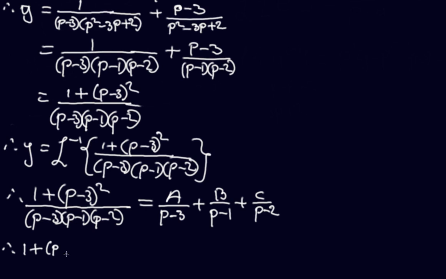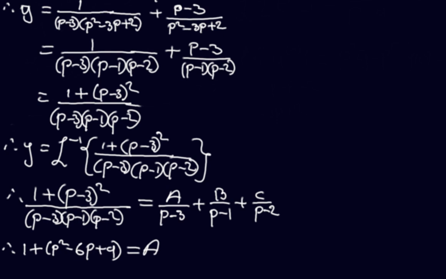So it's p squared minus, this is 3 times 2, it means we have a minus 6p here, plus 9, this will help later, is equal to a, so p minus 3 divided by p minus 3, these two will cancel.